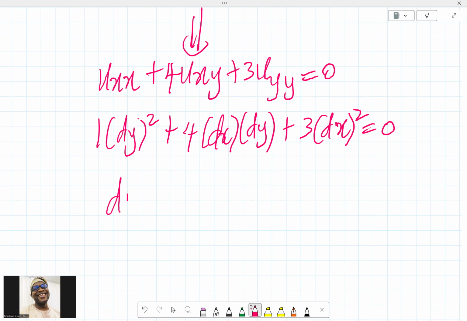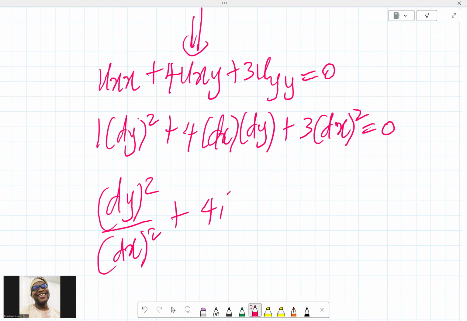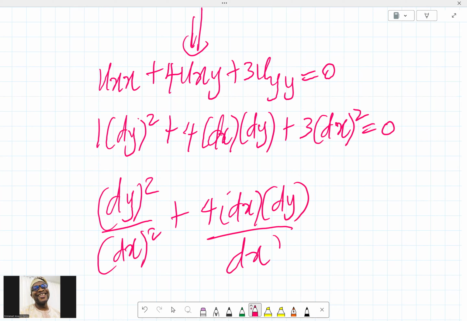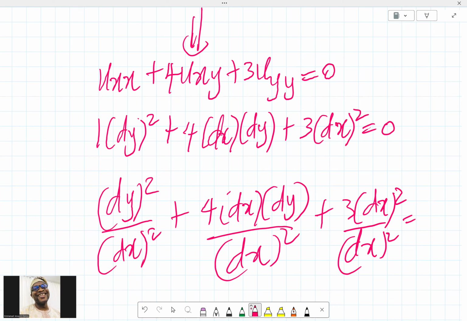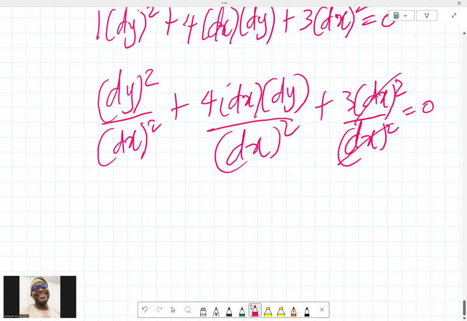So we have dy squared all over dx squared plus 4 dx dy all over dx squared, then plus 3 dx squared all over dx squared equals 0. So this cancels one of these.